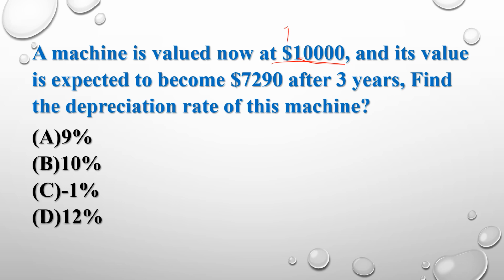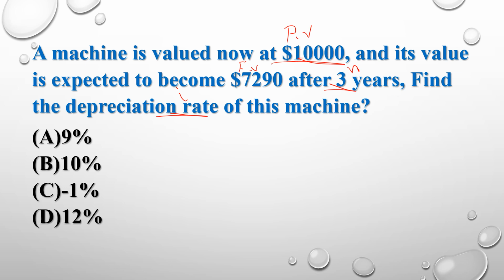So this is the present value, and this value is expected to become 7,290 after 3 years. So this is the future value. And as you see here, the value of the machine decreased because of the depreciation. And after 3 years, this is N. Find the depreciation rate, which is I, of this machine.